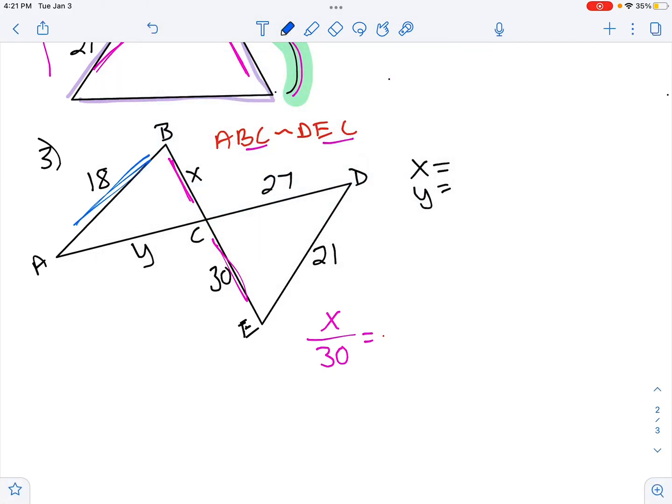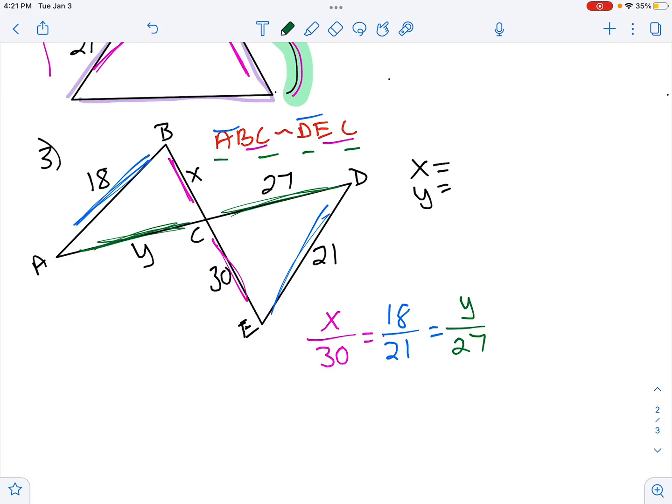Next, I'm going to do 18. 18 is AB. AB goes with DE. DE is 21. And then my last one, Y, is AC. And AC goes with DC, which is 27.